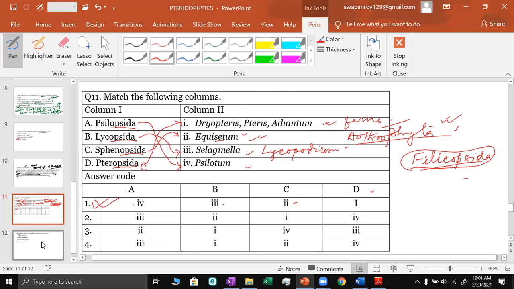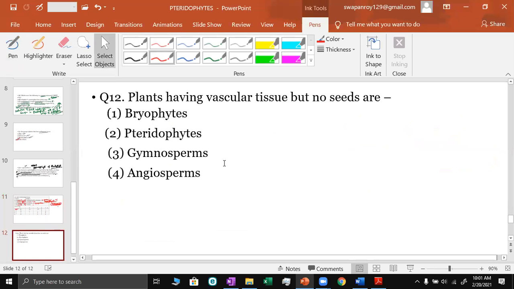Now the last question in the pteridophyte. The plants having vascular tissue but no seeds are plants with vascular tissue but no seed. This is the pteridophyte.